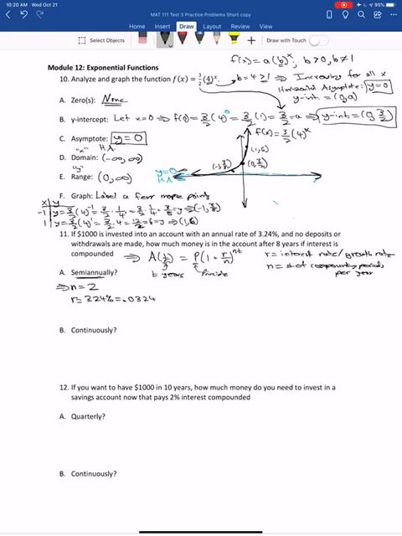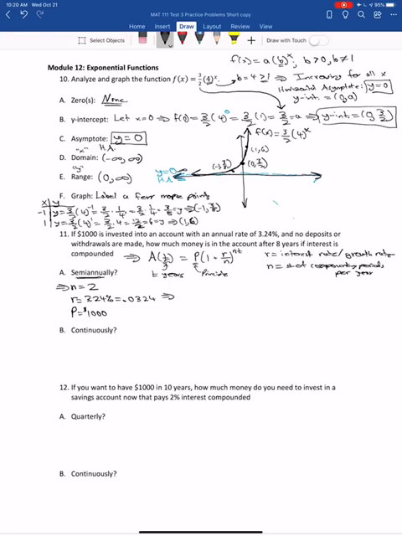And then we're talking about an initial investment. So what is P? Our principal is our initial investment, what we take to the bank. We're going to take $1,000 and invest it. So that'll be P. So we have everything we need for the exponential model.